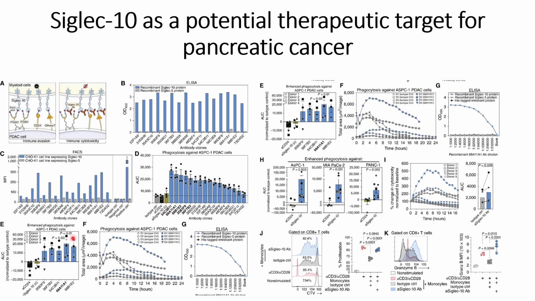In the further experiment, they took the ASPC PDAC cells and macrophages from different donors, and kept those macrophages with these top 5 in-house developed anti-Lectin antibodies. All 5 show high phagocytosis. However, they selected the top one, that is 68A11A1, for their further studies. The results for all the 5 are also shown here.